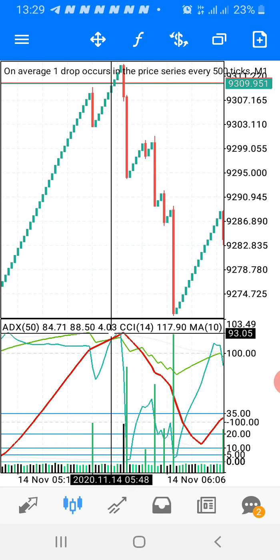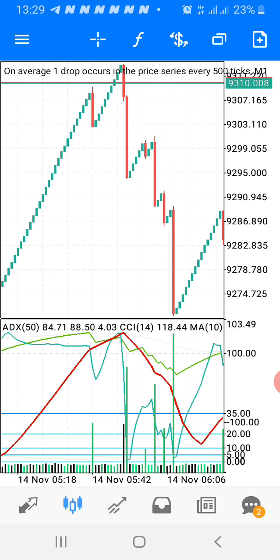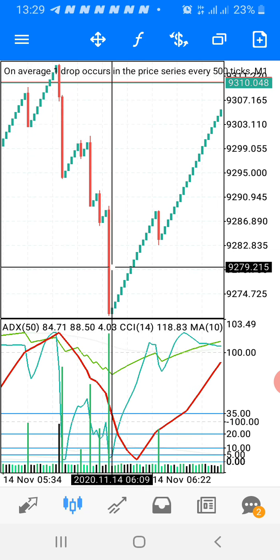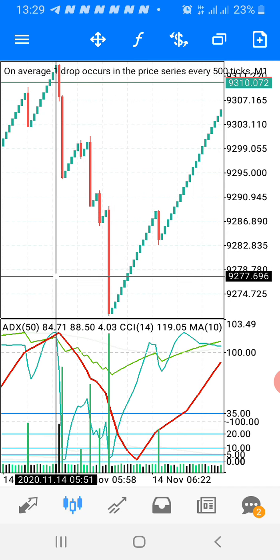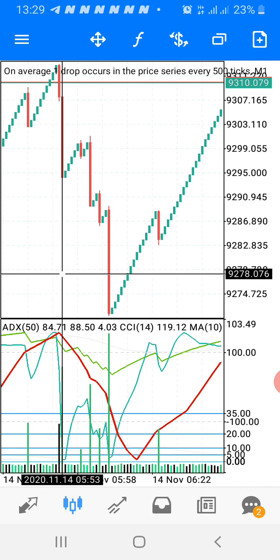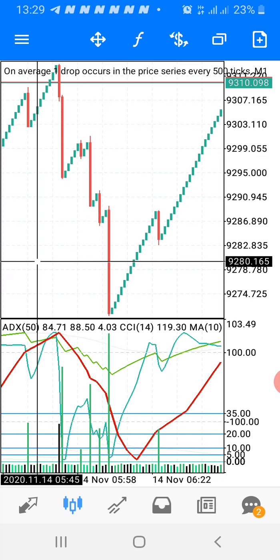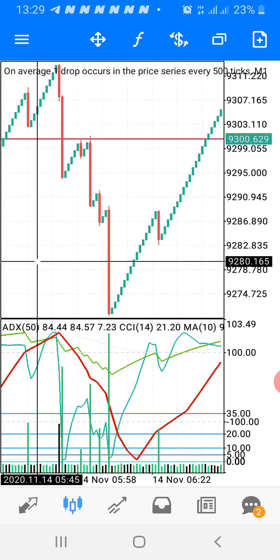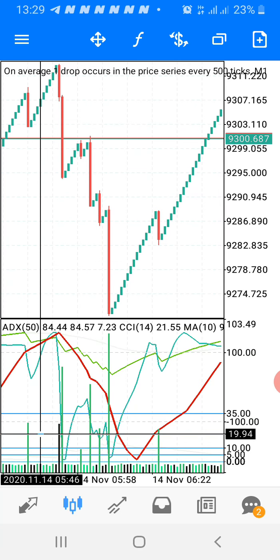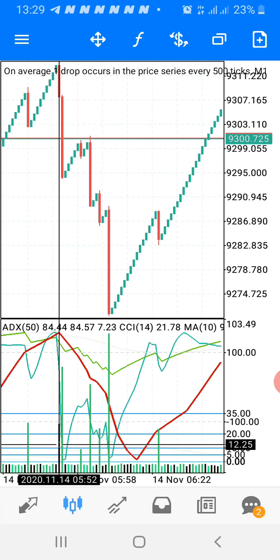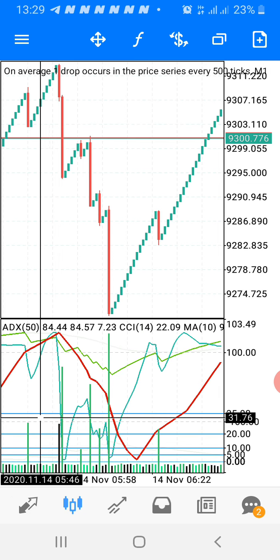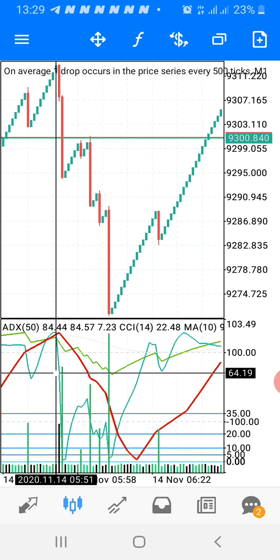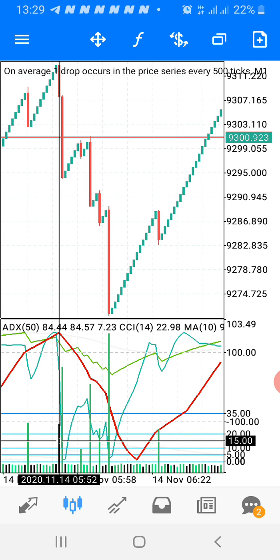And something to note is that when you catch a spike like this, and the next candle from this graph here is a black candle, just like this black candle, you understand?